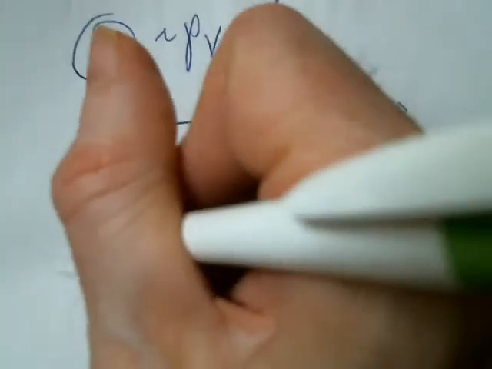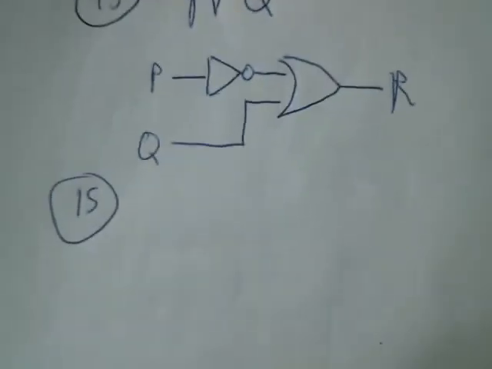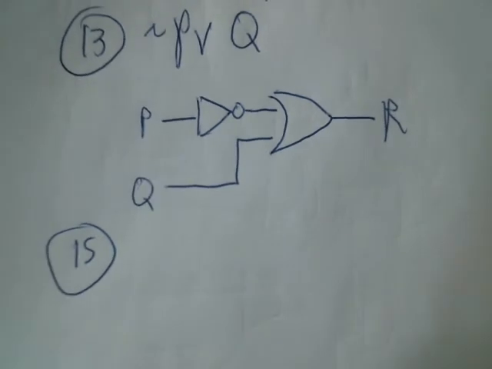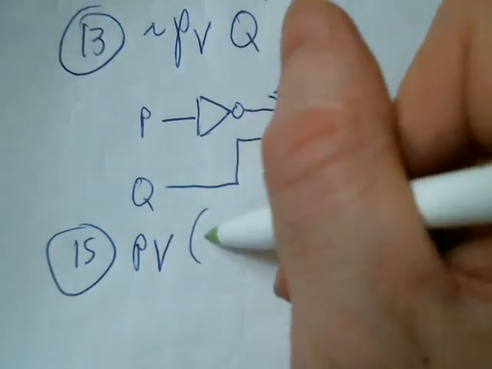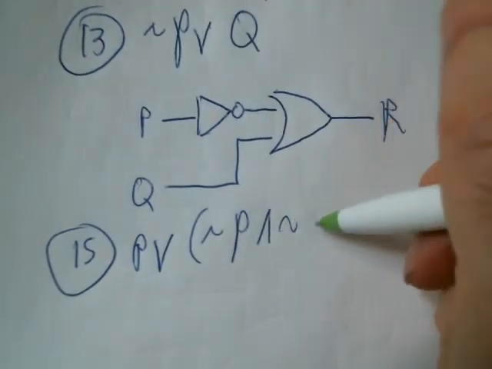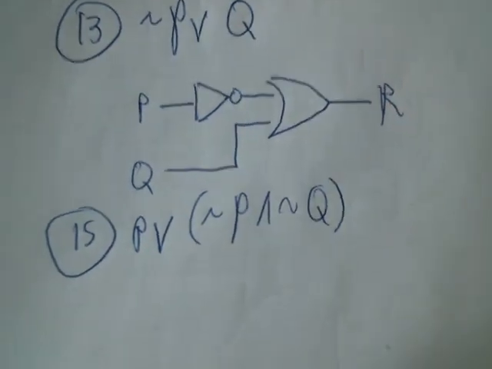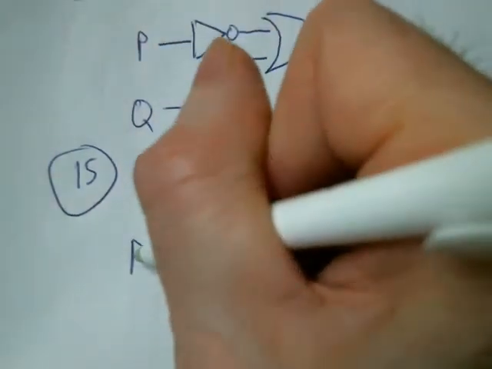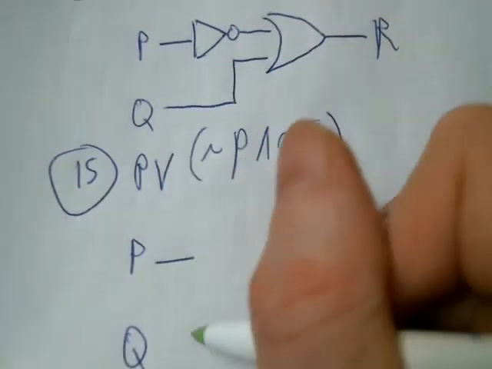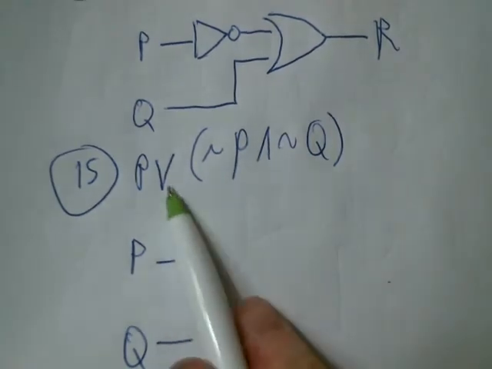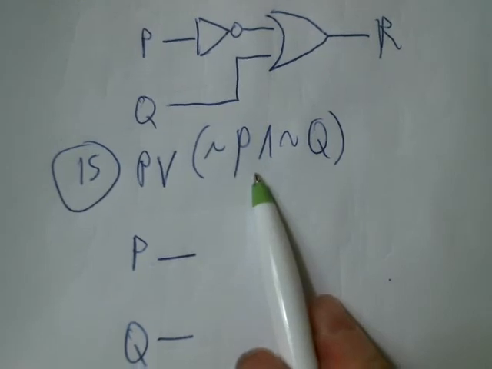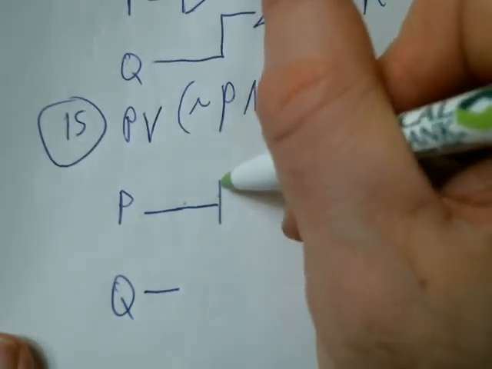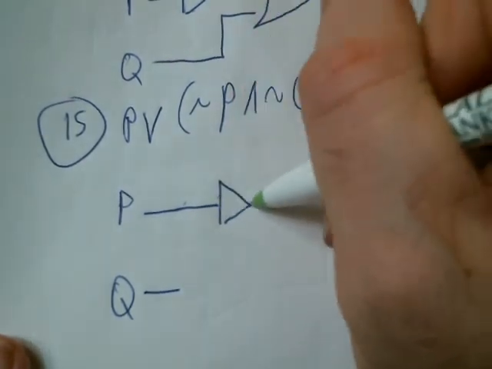Let's try another one. Number 15. We have P or (not P and not Q). So I need a P and then a Q. I'm ORing it with this nightmare. So I need a not Q and not P here. Let's put a not P here.